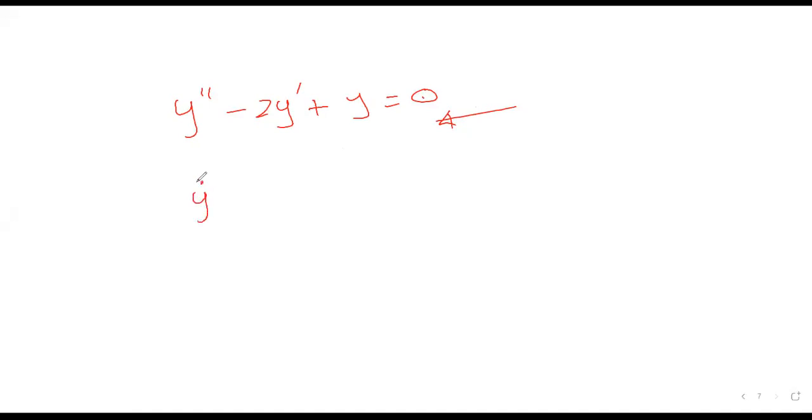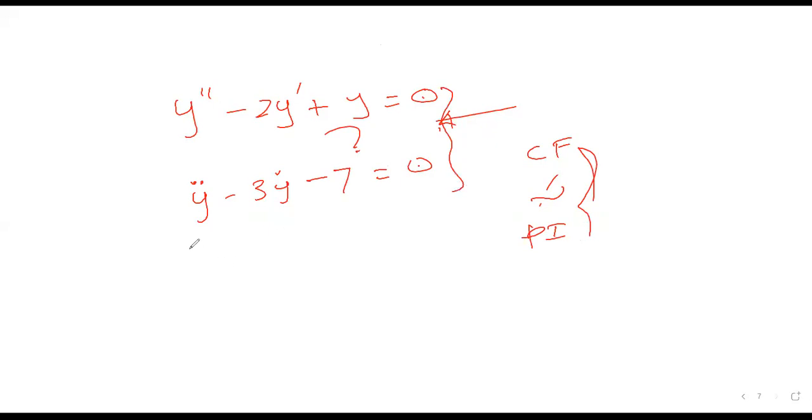Or you may have one like this also. Yes, these are ODEs, homogeneous. You know everything, isn't it? You are studying how to solve these using the complementary function and the particular equation, so you know how to do this.